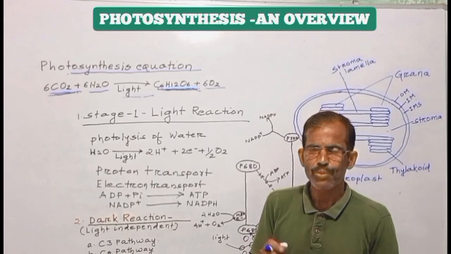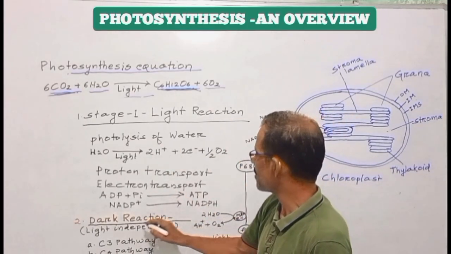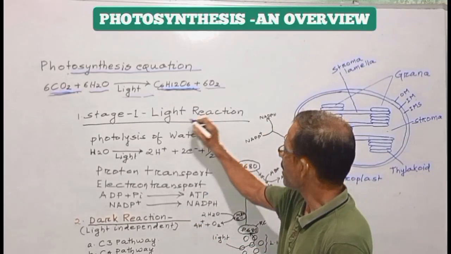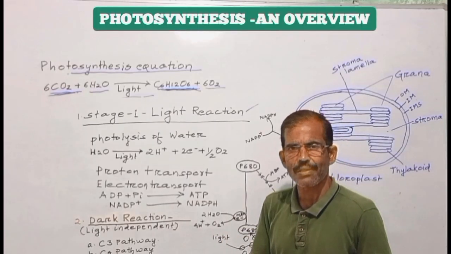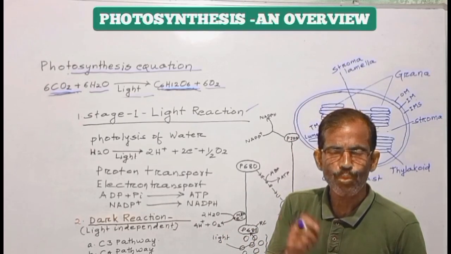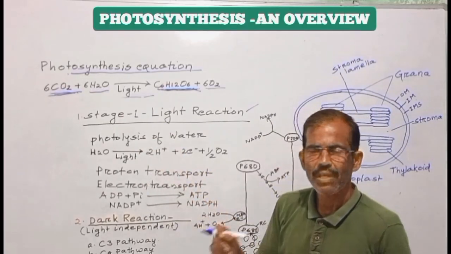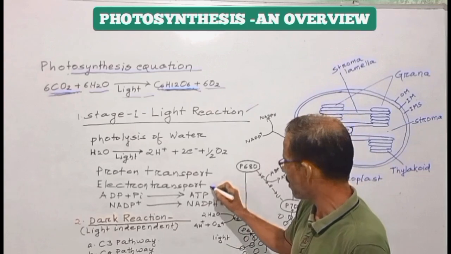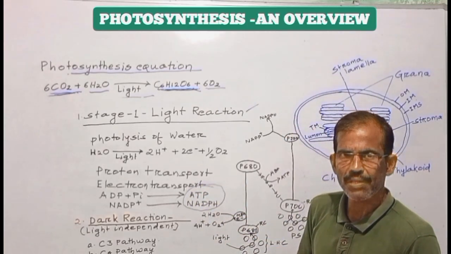Photosynthesis has two stages. First stage is light reaction and second stage is dark reaction. Light reaction is also known as light dependent reaction. It occurs only in the presence of light. In this stage, light energy is converted into chemical energy in the form of ATP and NADPH.